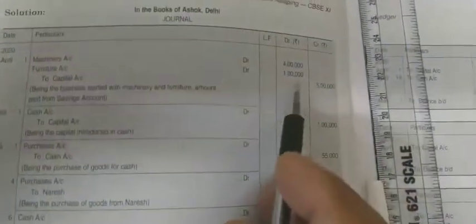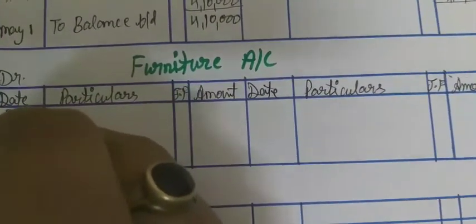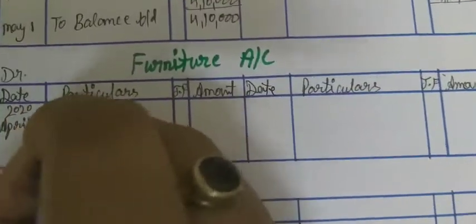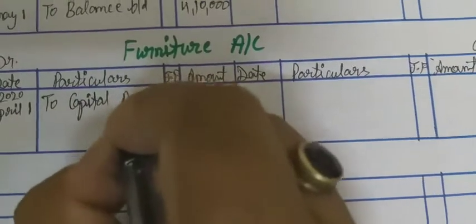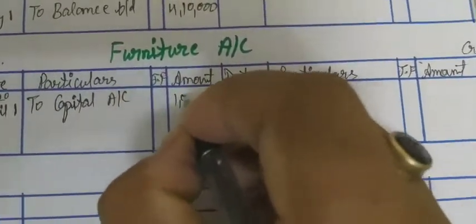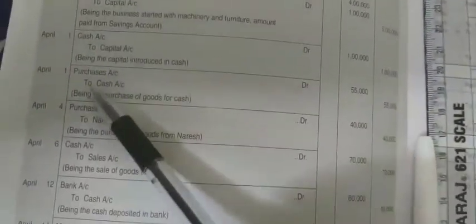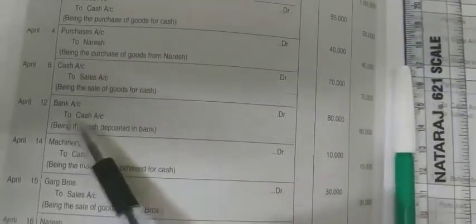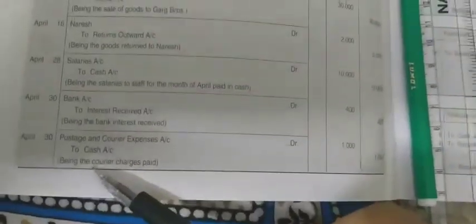Now the furniture account is debited on the same day by rupees 1 lakh. So 2020 April 1st, to capital account of rupees 1 lakh. Is there any other transaction related to furniture? Students, there is no other transaction related to furniture.